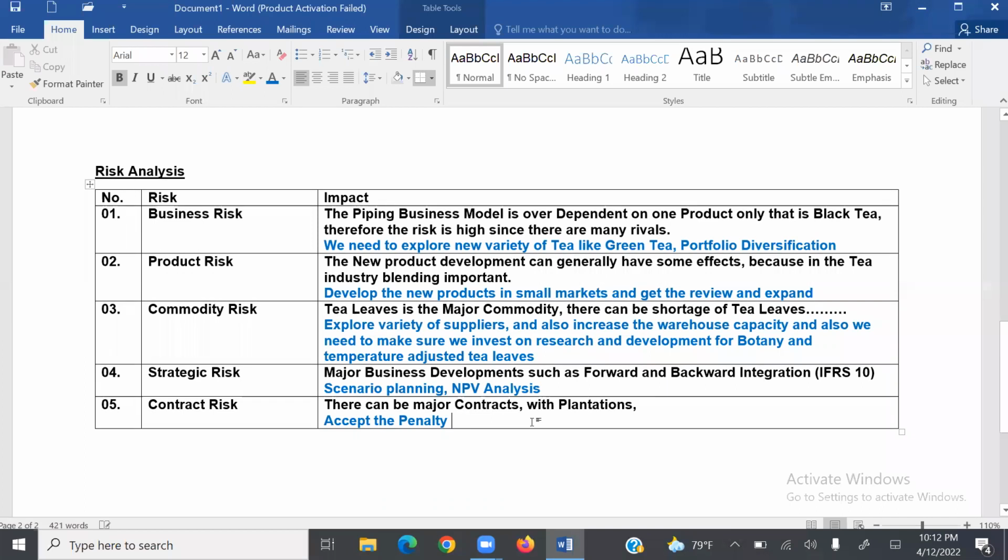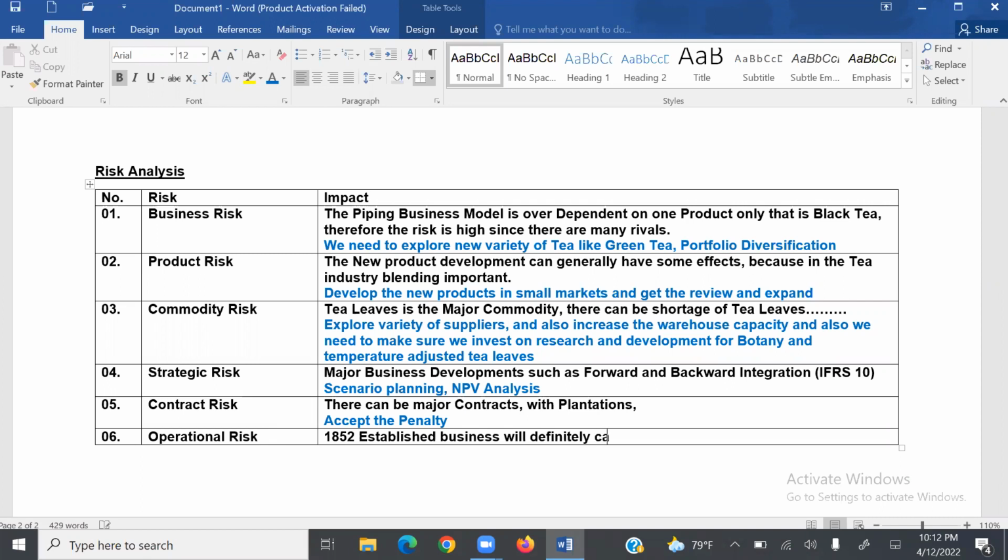So coming to the next one, what I can write down here is operational risk. Operational risk, actually, students: 1852 established business. Practically, an established business can handle situations. For example, look at a company like Coca-Cola.